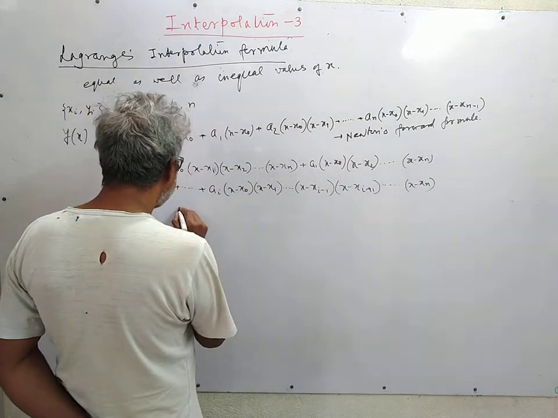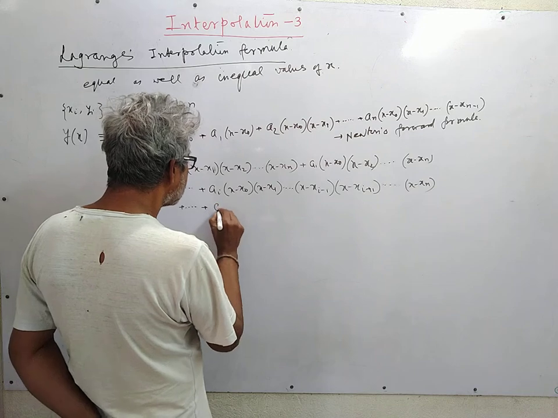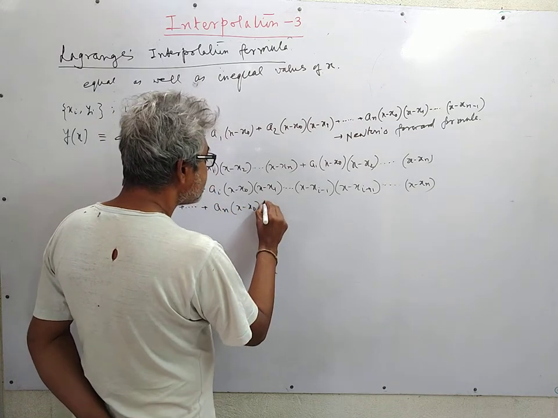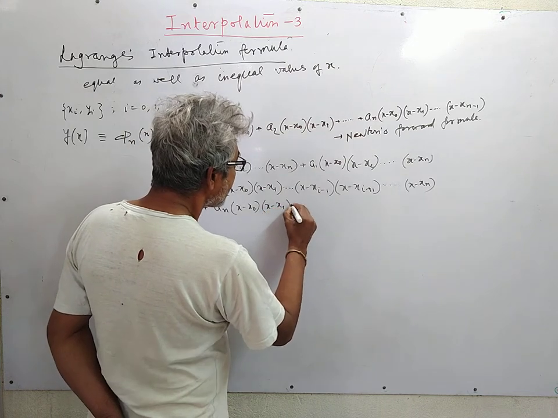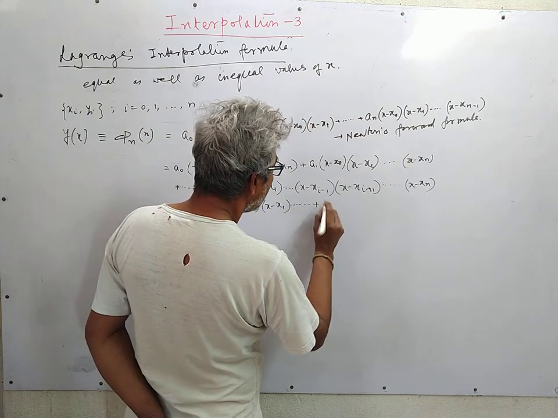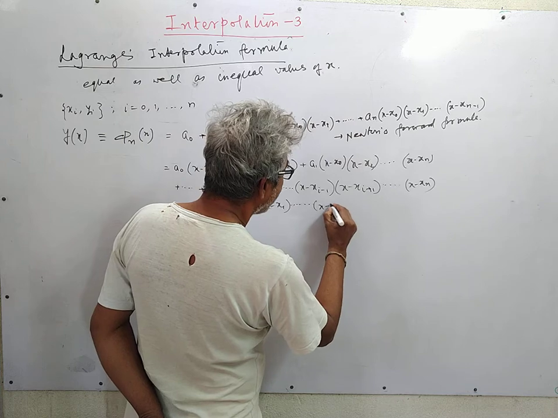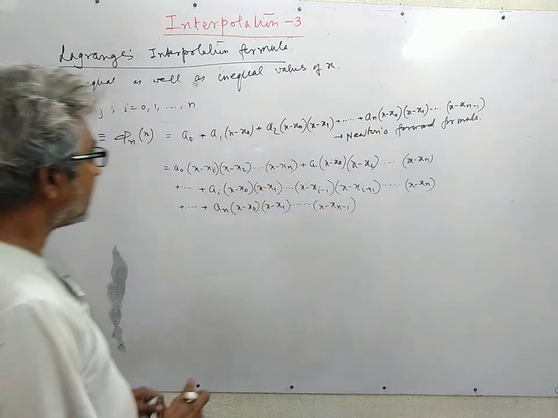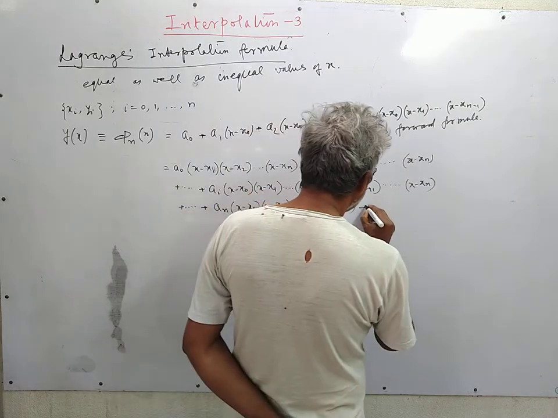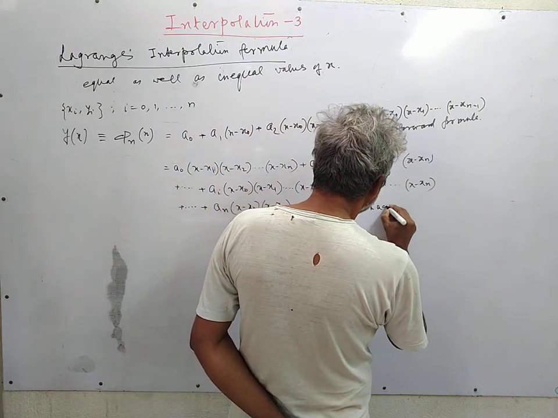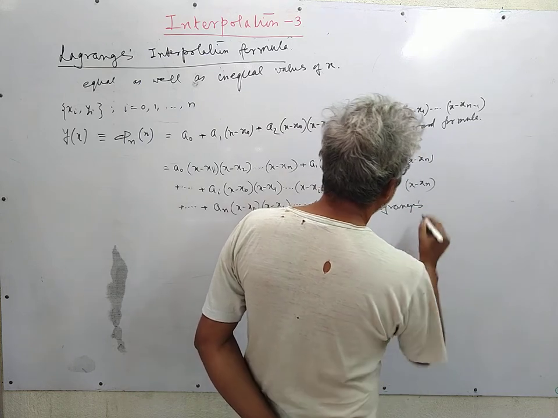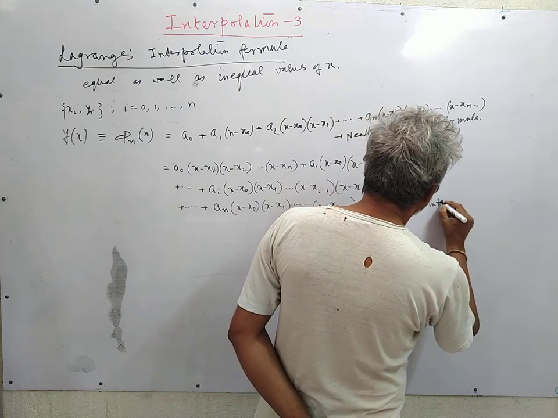The last term of this series is x minus xn minus 1. This is the polynomial in Lagrange's method, Lagrange's interpolation formula.